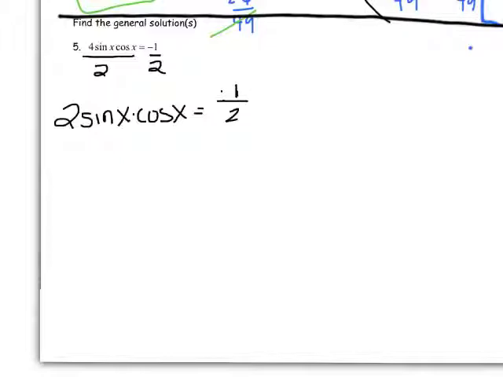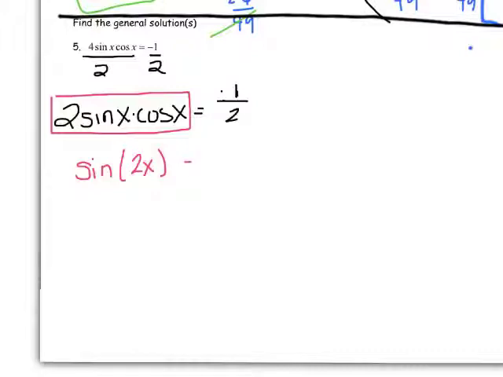So now I can see this does indeed match perfectly to sine of 2x. So I can take inverse sine on both sides. So I get 2x equals inverse sine of negative 1/2.